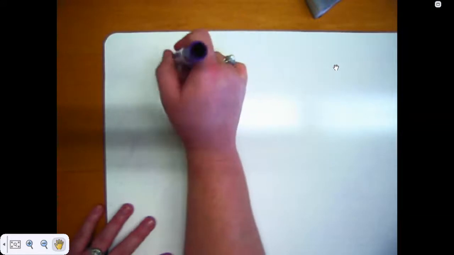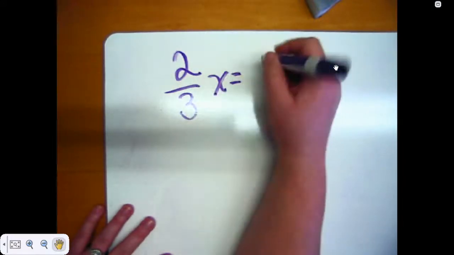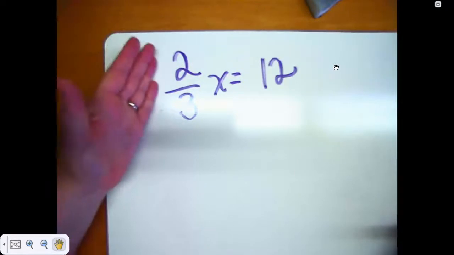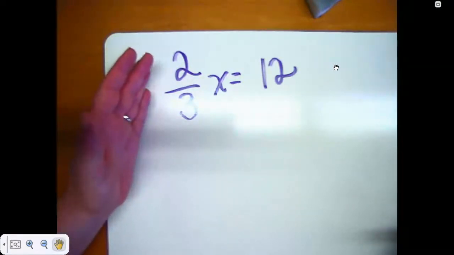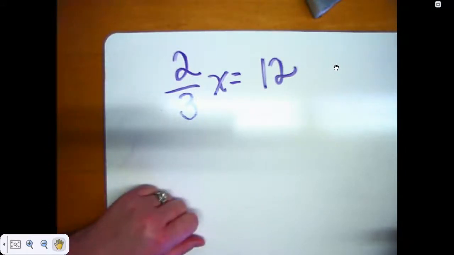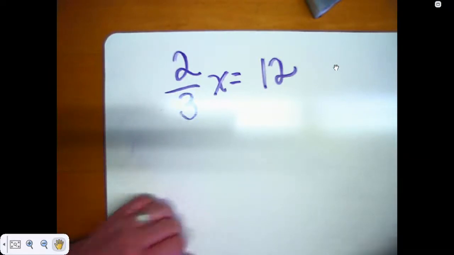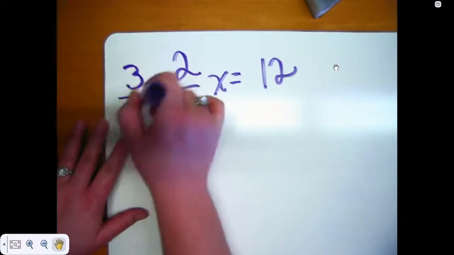What if we had 2/3 x is equal to 12? Okay, so technically this says 2/3 x. We're multiplying 2/3 times x. So we need to divide. Well, what do you do when you divide? You flip the second one and multiply. So we need to multiply this times 3/2.